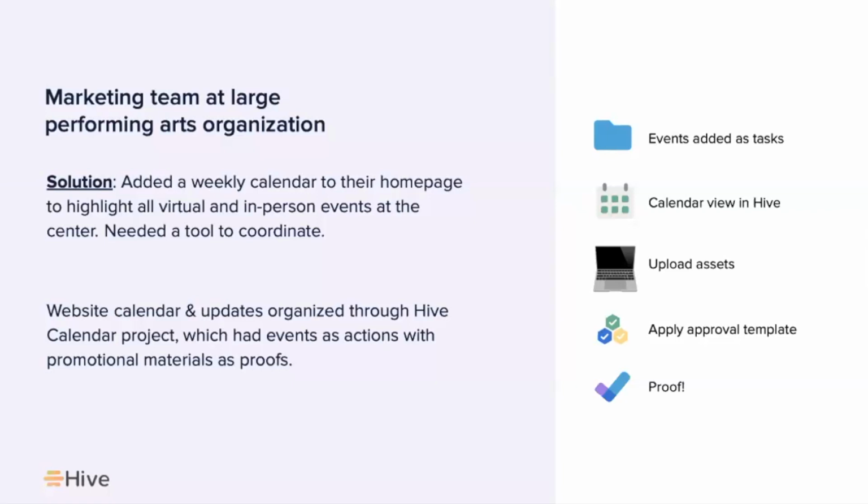So the way they did that was through one of my other favorite parts of Hive, approval templates. I find them incredibly satisfying. I'll be showing everyone in the demo shortly. It's essentially just a way to very, very quickly take a preconceived routing system of approvals. So let's say when I'm submitting a social media asset for approval, I want Kate and I want our CEO to look at it.